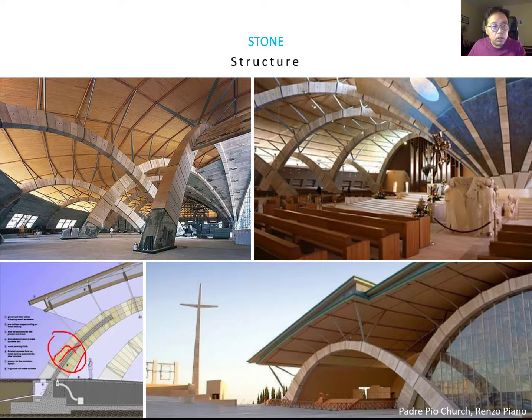From this region, this has to be much wider, and then this stone is also connected to the foundation, this footing design, and then this is connected to the continuous concrete column. It supports this stone arch, and then this stone arch supports the roof and the ceiling.